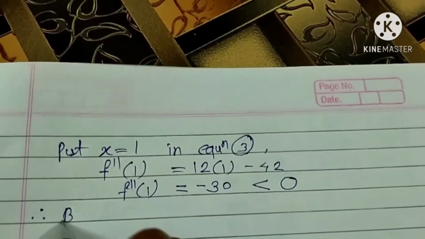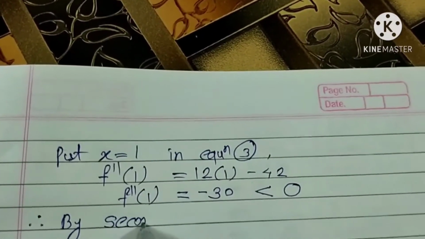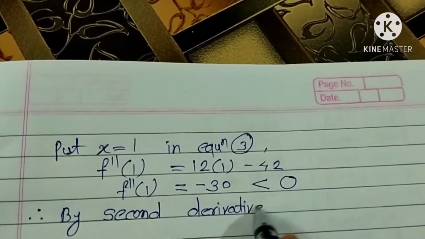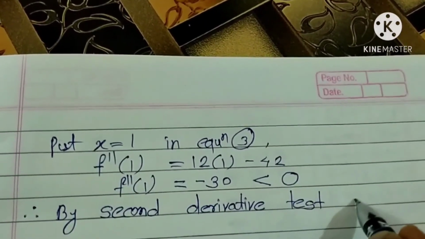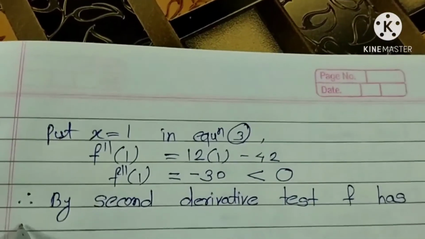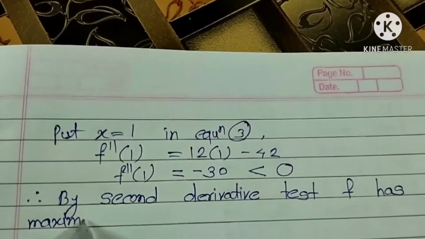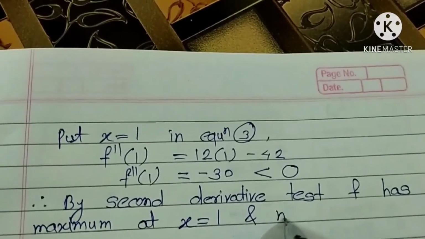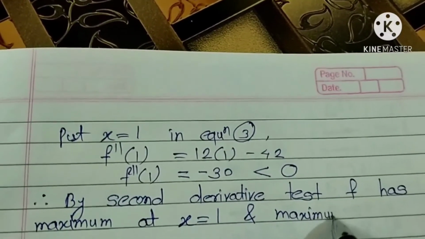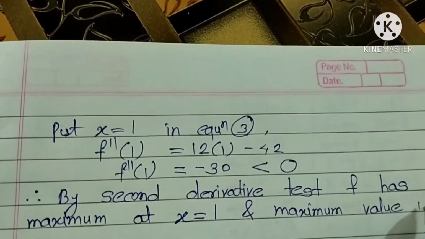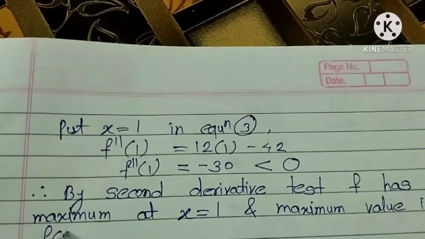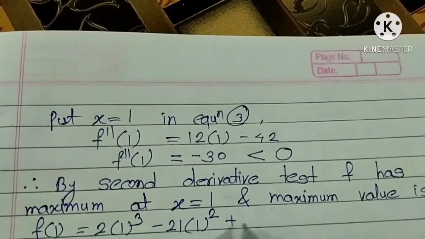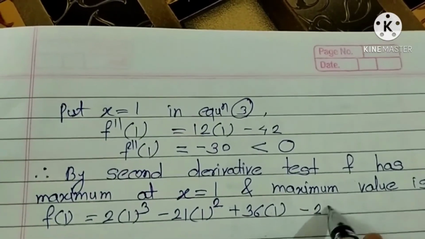Therefore, by the second derivative test, f has a maximum at x equal to 1, and the maximum value is f of 1, equal to 2 into 1 cube minus 21 into 1 square plus 36 into 1 minus 20.